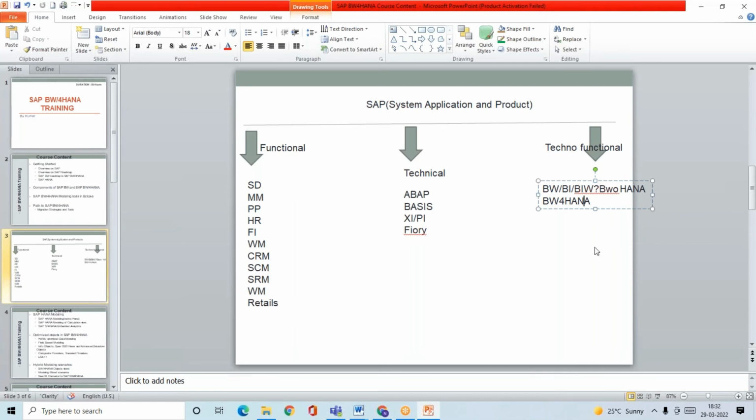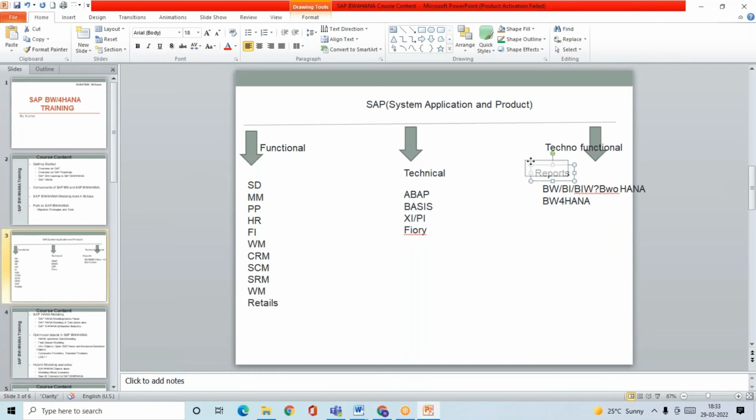And what is the main purpose of BW? Why do you need this BW system? To analyze the data, sir. Okay, in which form? How do you analyze the data? Based on the old data, we can load into the BW system from the source system.